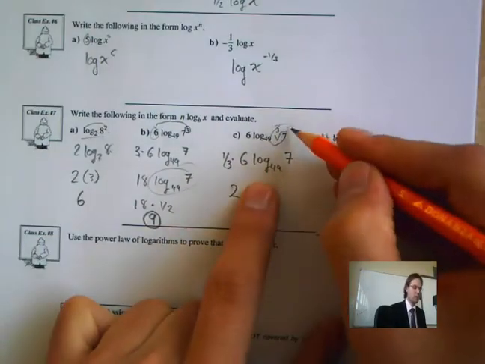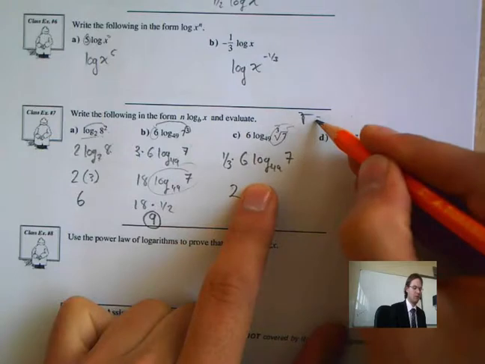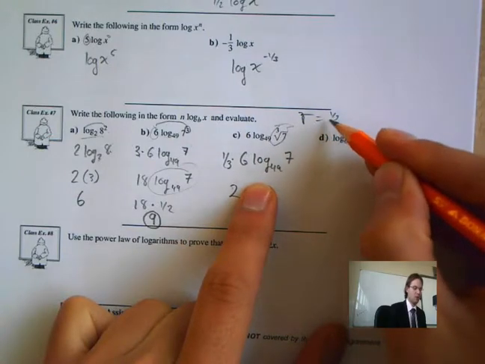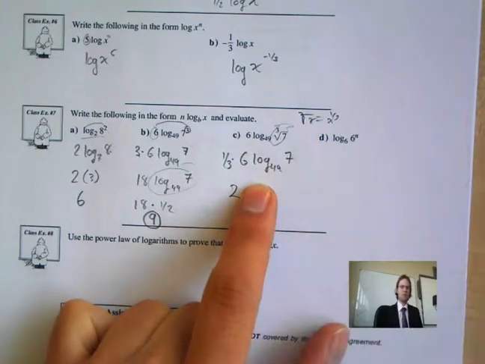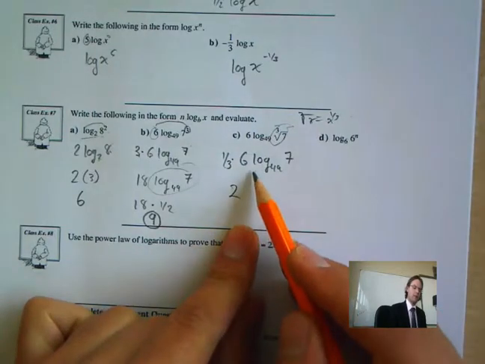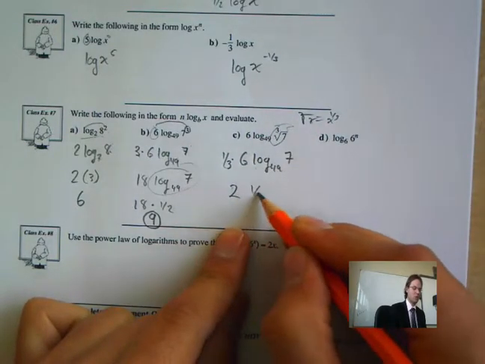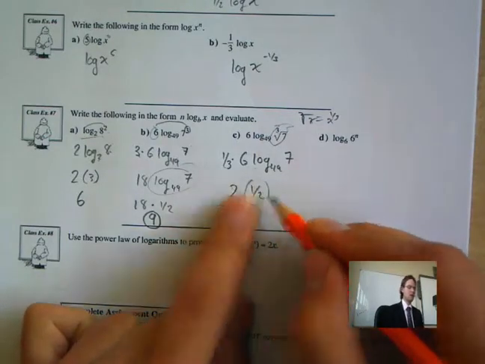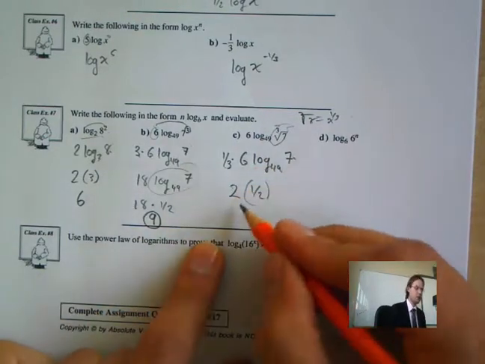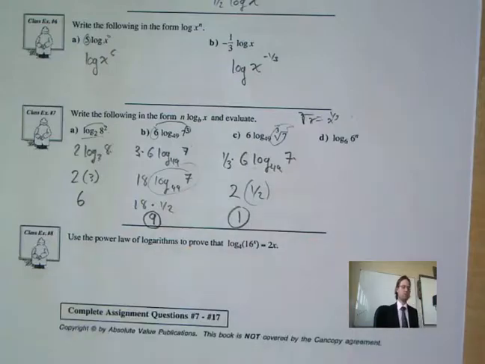We're able to do this because cubed root is the same thing as saying 1 over 3. Alright? So we have log base 49 of 7, that is the same as 1 over 2, right? Because we have to square root 49 to get 7. Thus we get 1.